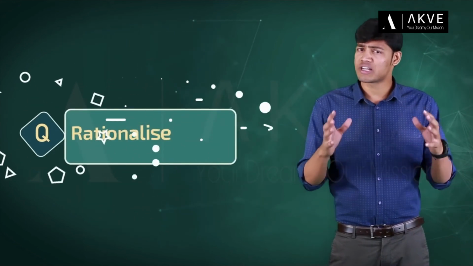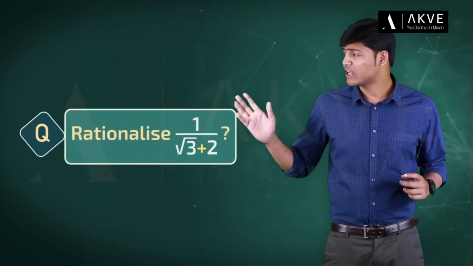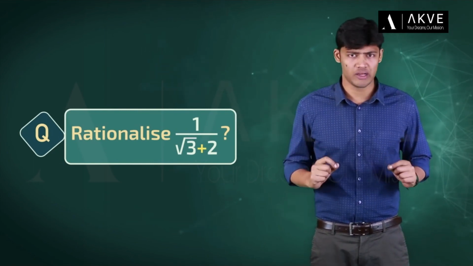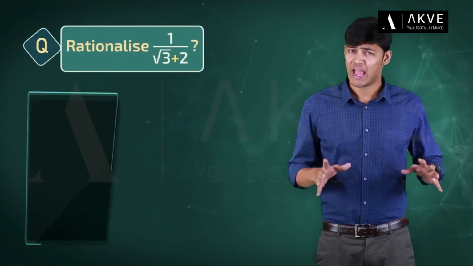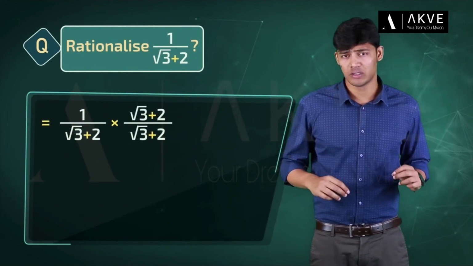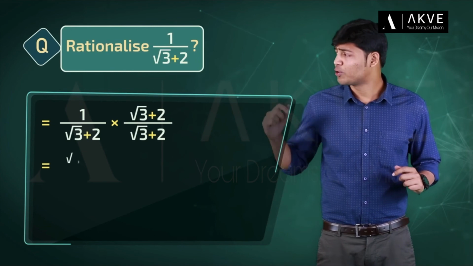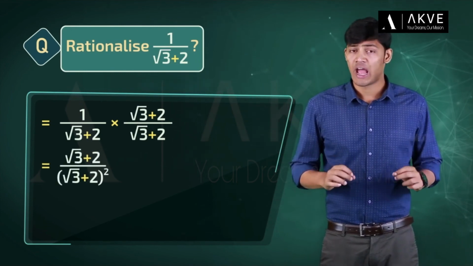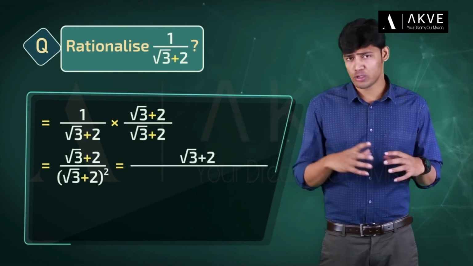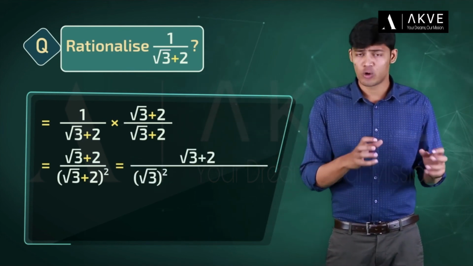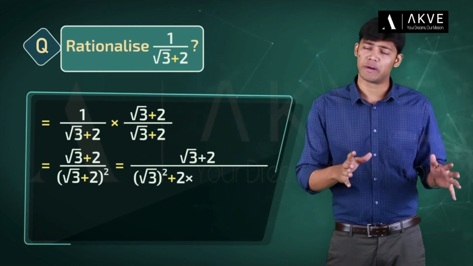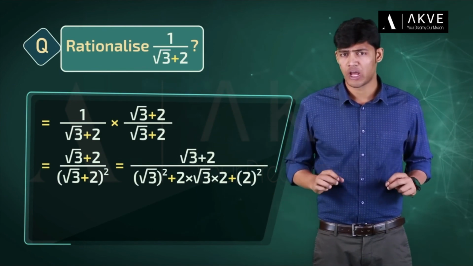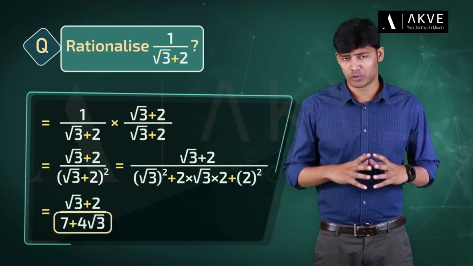Now let's try to rationalize the denominator of the fraction 1 divided by square root of 3 plus 2. And now to rationalize this denominator, if we follow the previous method and multiply by the same number, then we will get square root of 3 plus 2 divided by square root of 3 plus 2 whole squared. And we know that square root of 3 plus 2 whole squared is nothing but square root of 3 whole squared plus 2 multiplied by square root of 3 multiplied by 2 plus 2 whole squared, which is nothing but 7 plus 4 root 3.